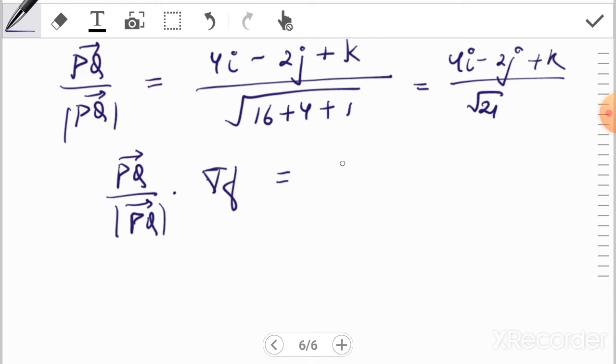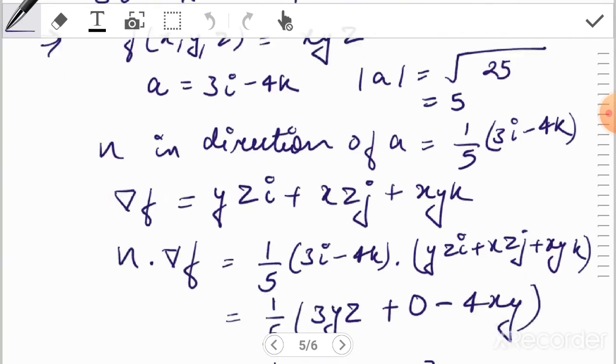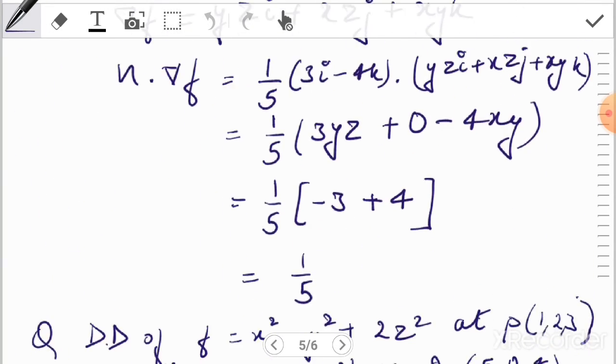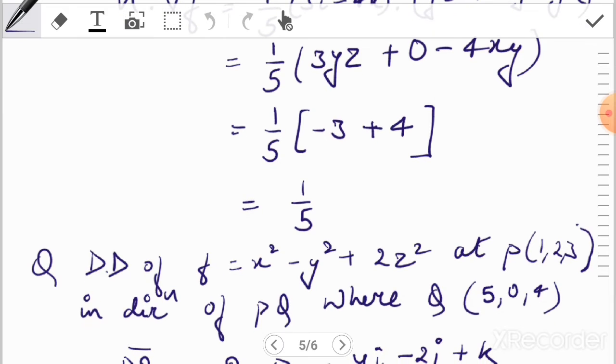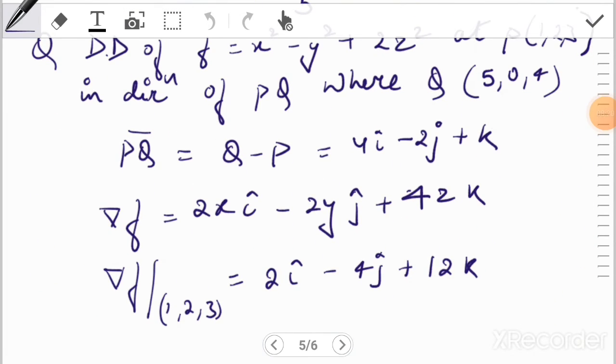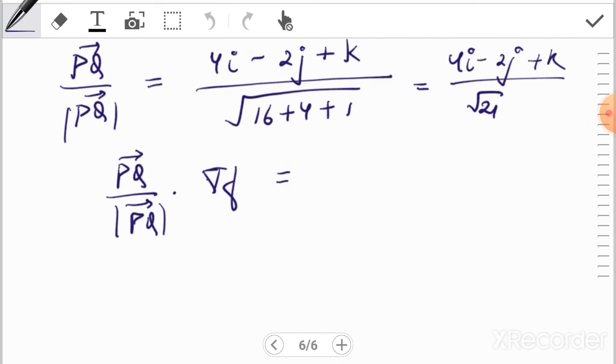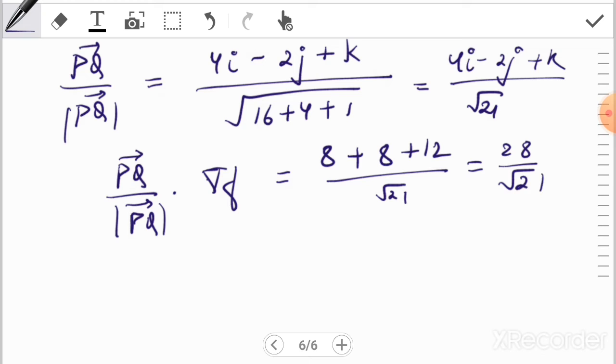So gradient of f is 2i minus 4j plus 12k. So we will have 8 plus 8 plus 12 by root 21, or 28 by root 21 as the answer.